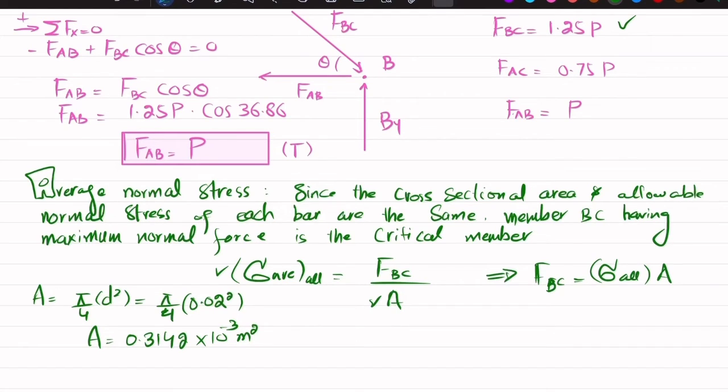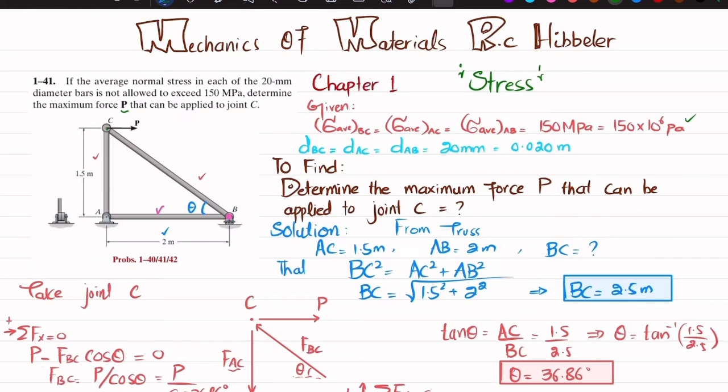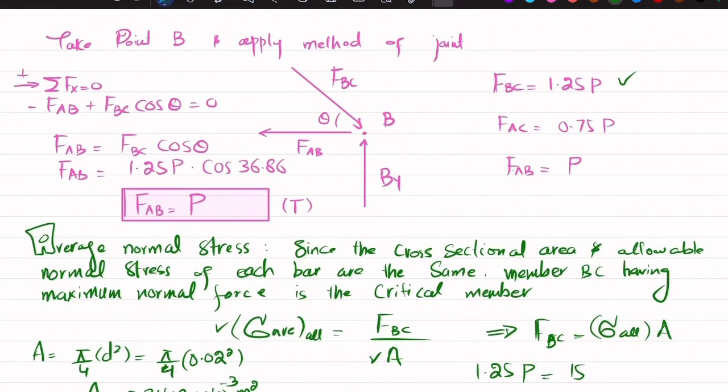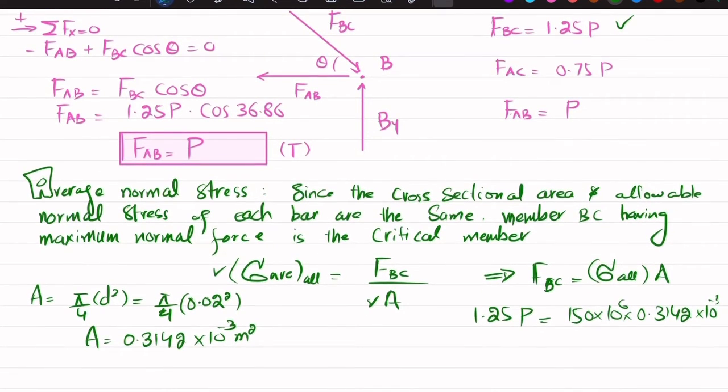Now this FBC, which is 1.25 into P, is equal to the allowable stress. Allowable stress is 150 into 10 raised to power 6 Pa. So when you calculate it, P will be equal to 150 into 10 raised to power 6 into 0.3142 into 10 raised to power minus 3 divided by 1.25.